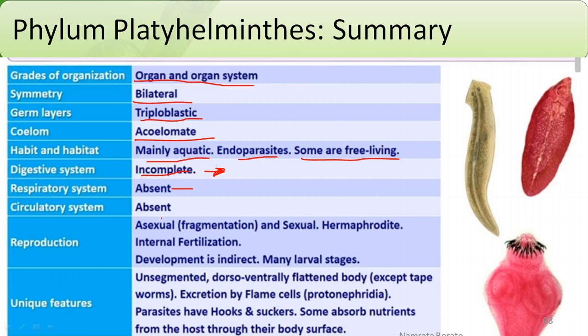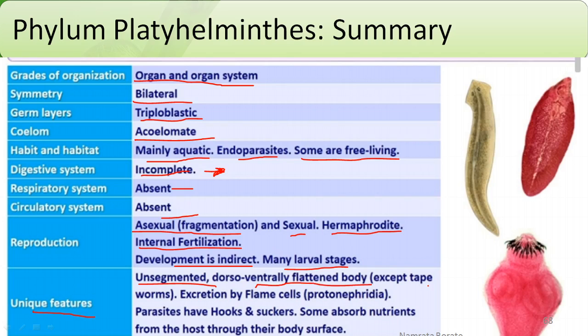Respiratory system is absent, circulatory system is absent. Reproduction occurs by means of fragmentation, that is an asexual method, and the sexual method is also present in the organisms of the phylum Platyhelminthes. They are hermaphrodite, means male and female both are present in one and the same individual. Fertilization is internal, development is indirect, and mainly larval stages are present. A significant characteristic is that the body is unsegmented.